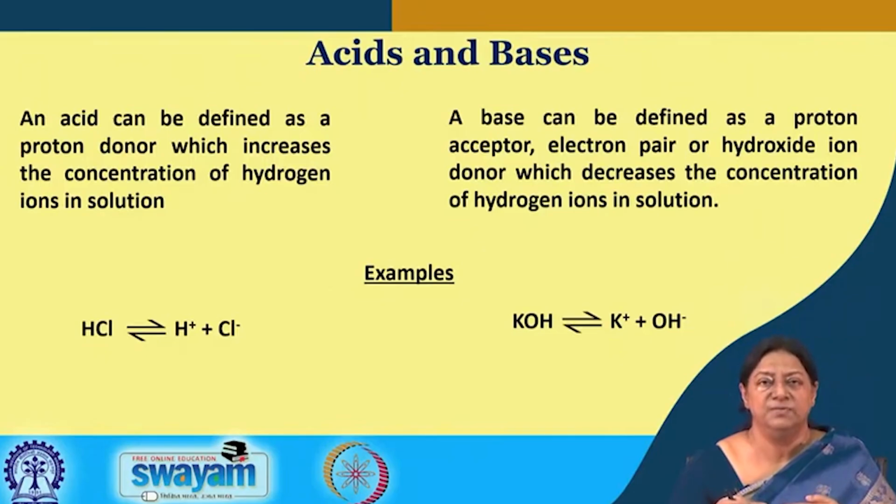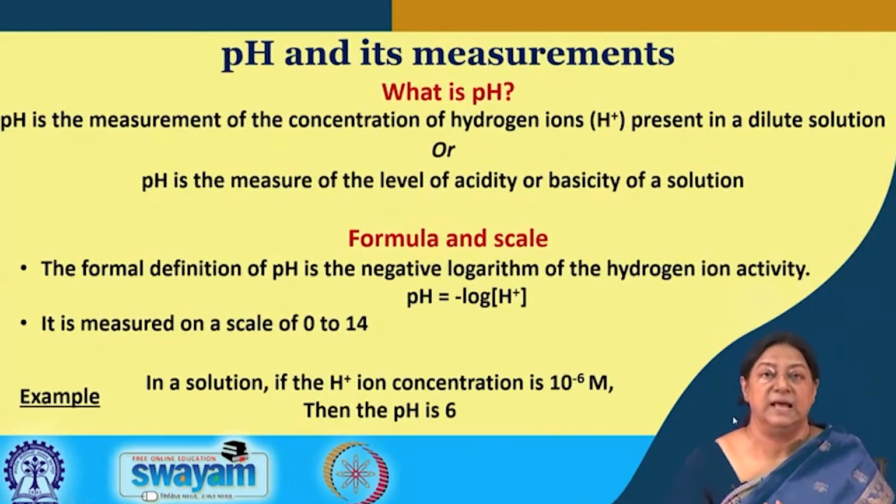This is something all of you have done in school, but we know that an acid can be defined as a proton donor in the most basic sense, and we have a concentration of H plus in solution. A base can be defined as a proton acceptor, electron pair donor, or a hydroxide ion donor. Now, what can we understand more using the acids and the pH?